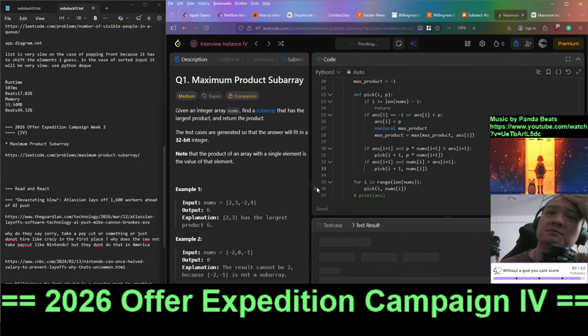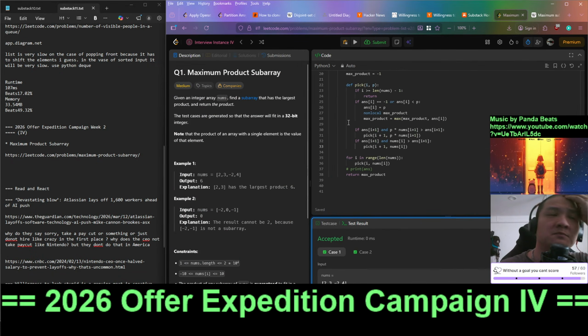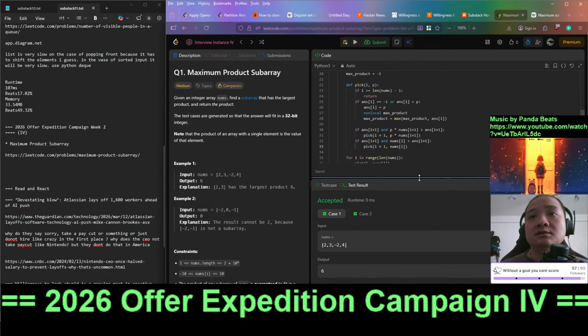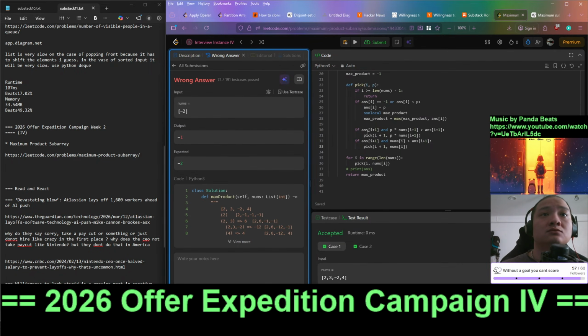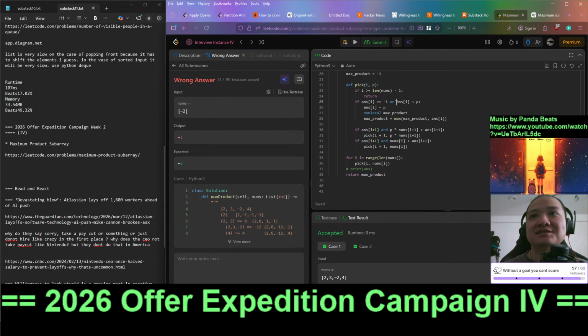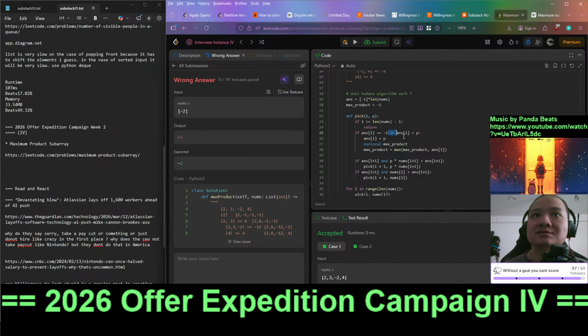Let's see. Right, let's see if this works. Oh, negative 2. I'll put negative 1. Right. Okay. Wait, hold on. Okay, we have to also do this case here.